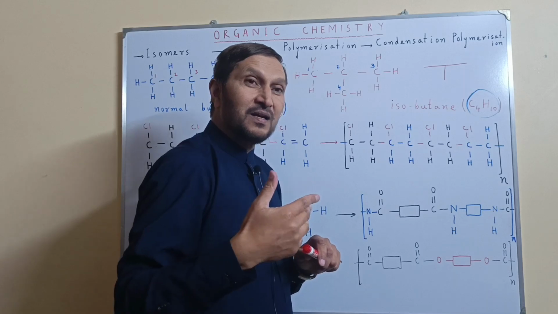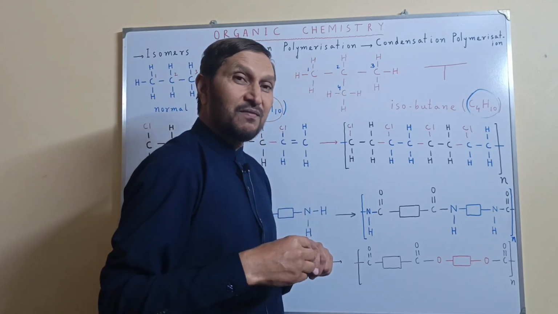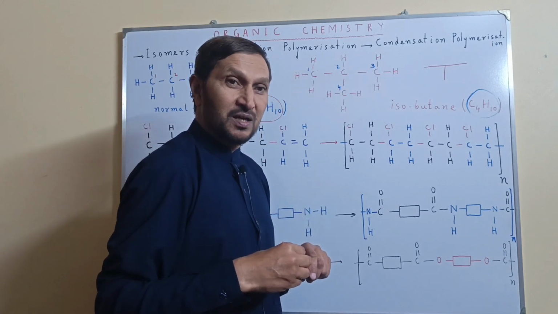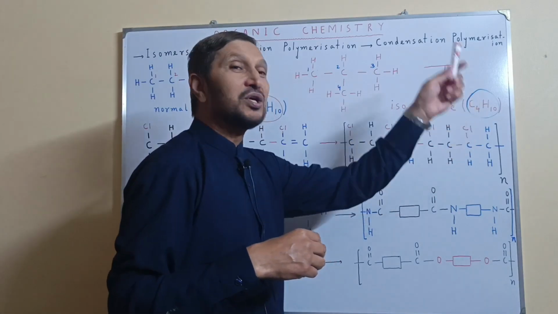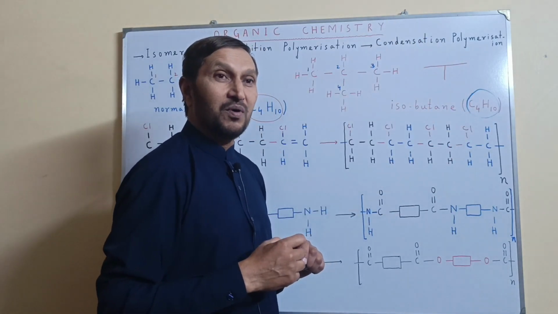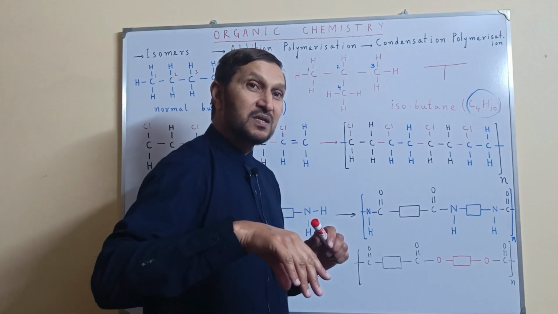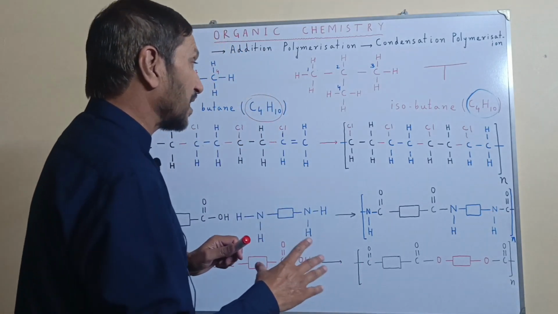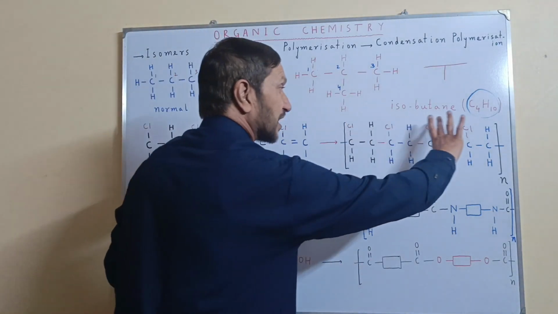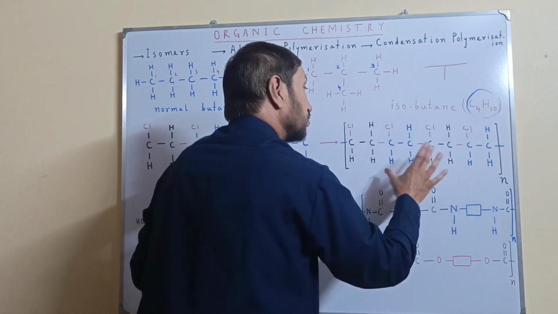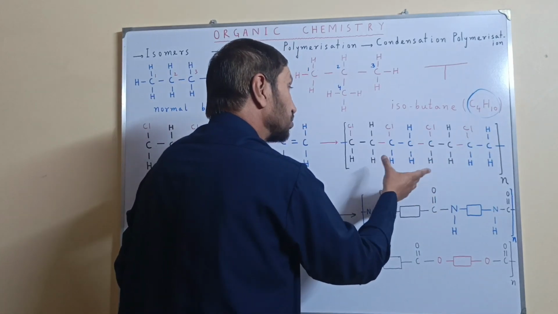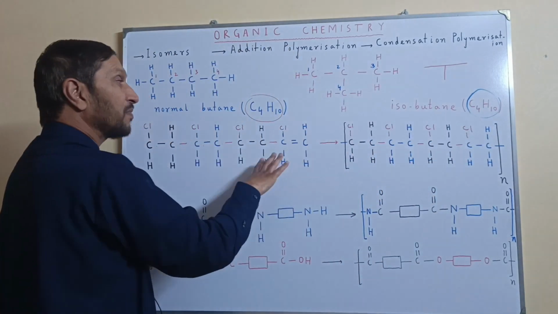This is another example of addition polymerization, and in this way the polychloroethene molecule will be formed. Remember that in the Cambridge questions, you may be given the structure of a polymer and asked to deduce from which monomer it was formed.